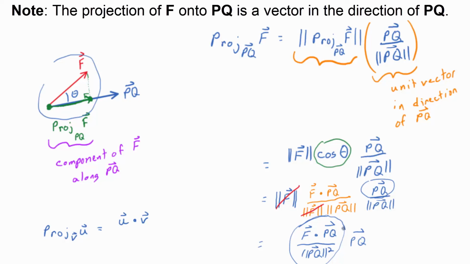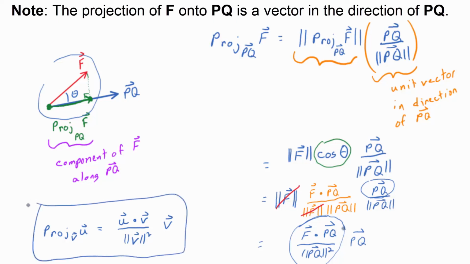V, so it's got to be the magnitude of v squared on the bottom, times v on the outside, the vector v. So this is your projection formula. It's another one of those, make a flashcard out of it. One side: projection of u onto v. Other side: the formula u dot v divided by magnitude v squared times v. You want to get it memorized.